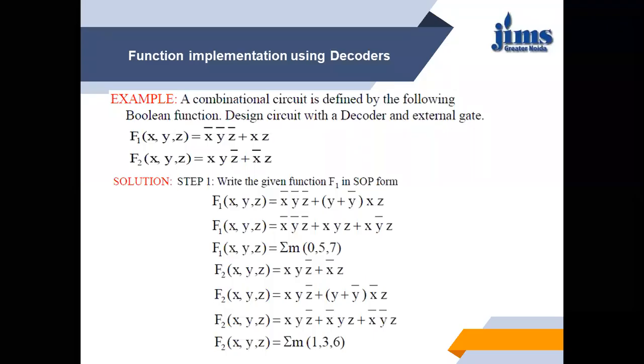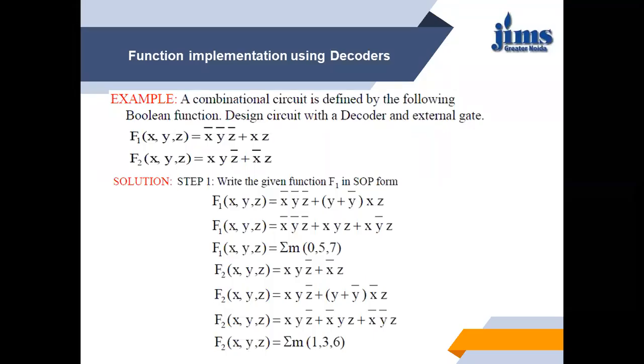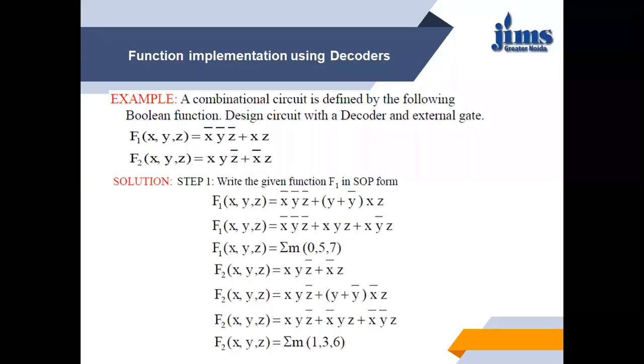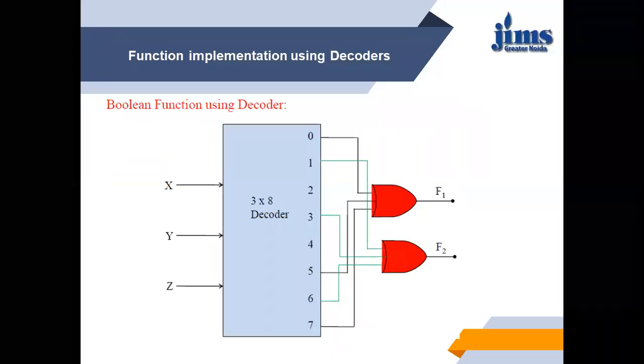So we can just combine these minterms with the decoder, and the size of the decoder will depend upon the number of inputs. Again here the number of inputs is 3. That means the size of the decoder will be 3:8. So you can implement it like this.